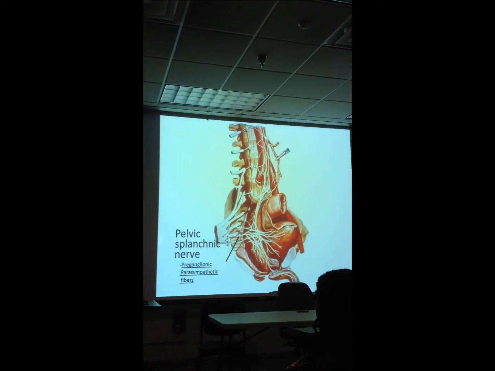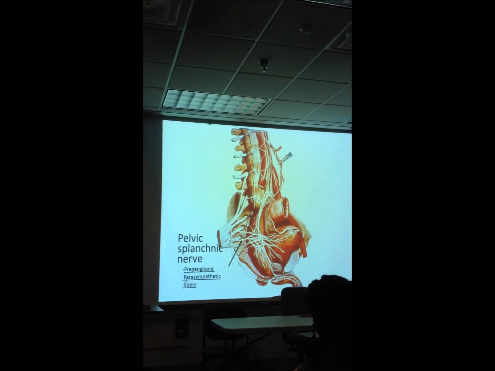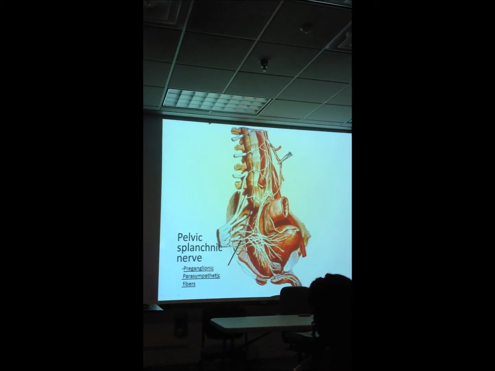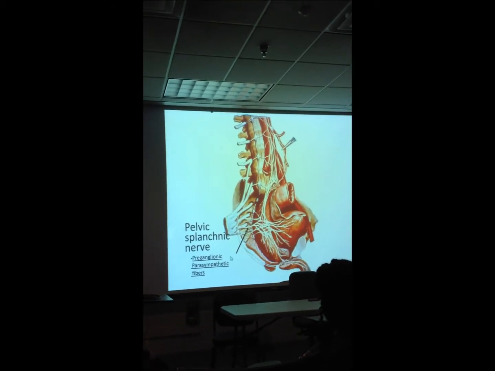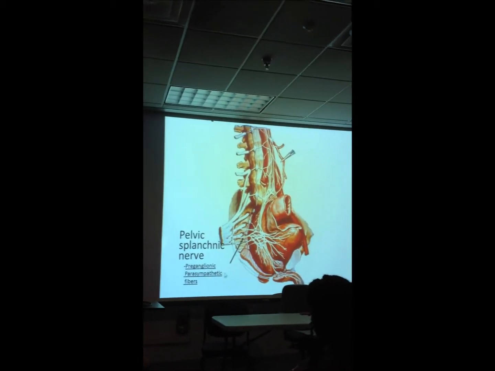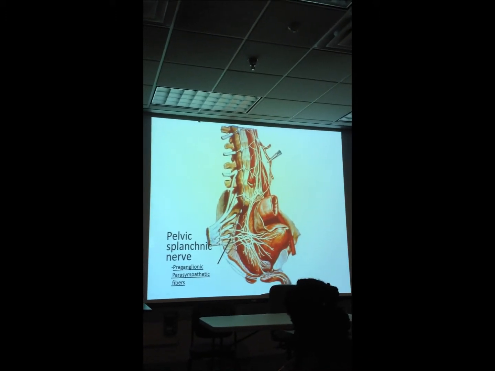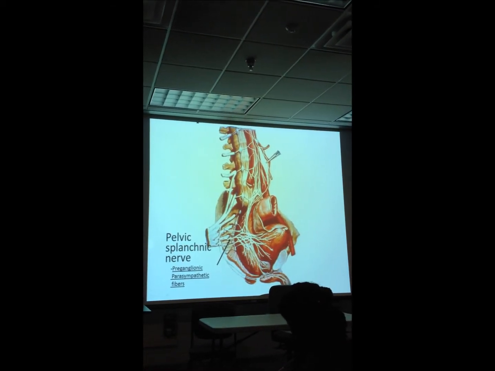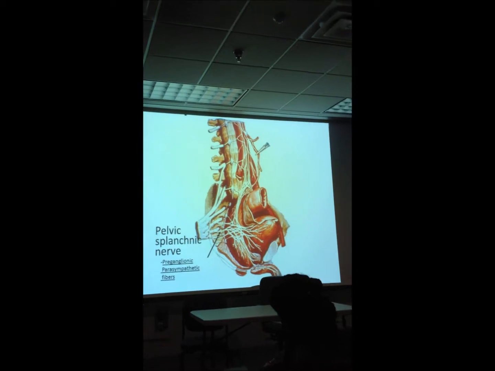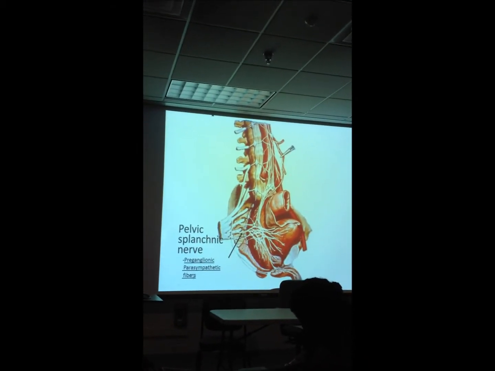What the heck is a pelvic splanchnic nerve and what's in it? Well, a pelvic splanchnic nerve is a parasympathetic fiber. Later on, you'll learn about some other splanchnic nerves, but these are pelvic splanchnic nerves. They come from a spinal nerve, and they go over to that autonomic plexus, and they are preganglionic parasympathetic fibers.